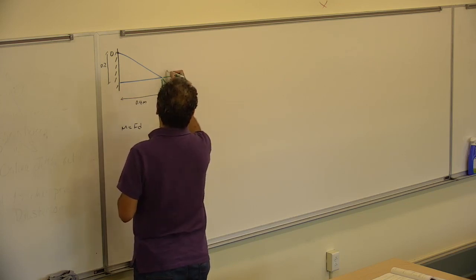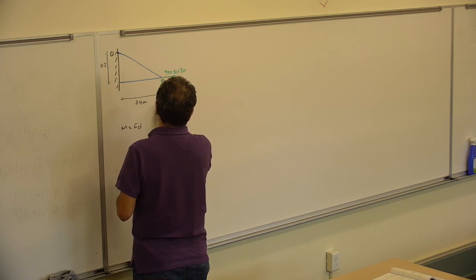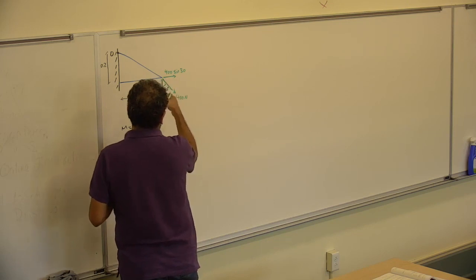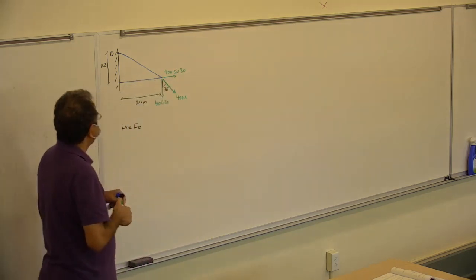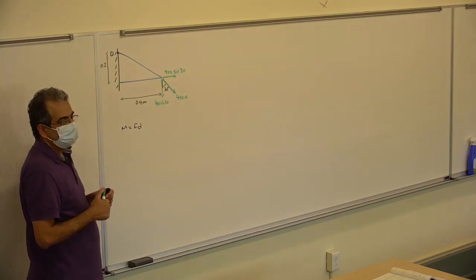The horizontal component is going to be 400 sine 30, and the vertical component is going to be 400 cosine 30, because it's next to the 30, so it's cosine, and the other is sine. Agree?